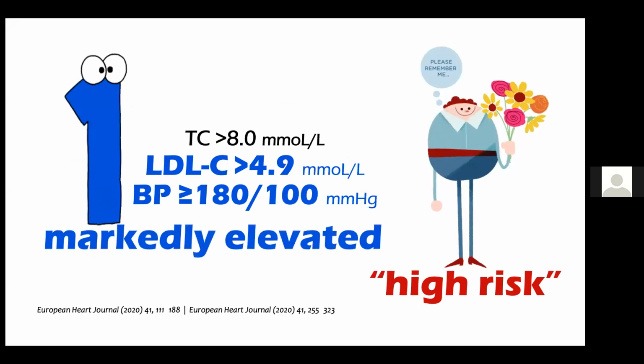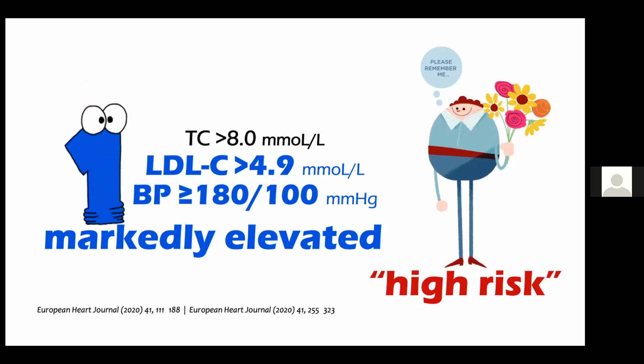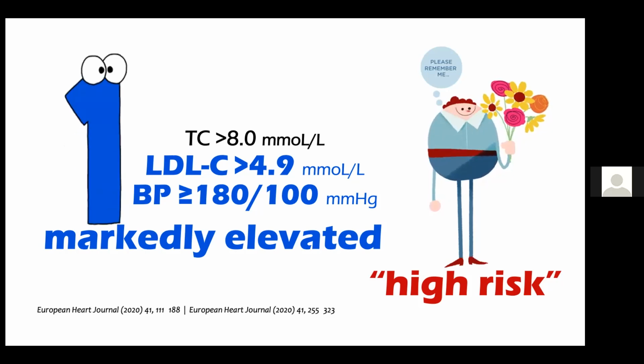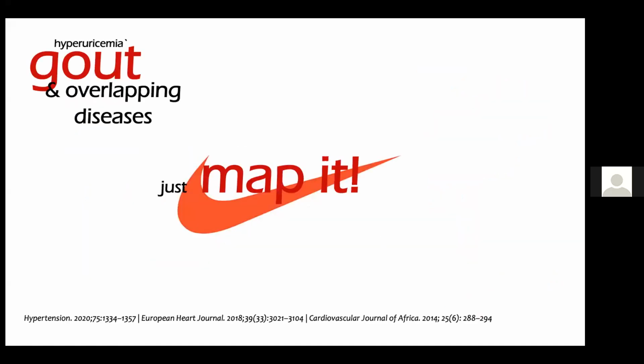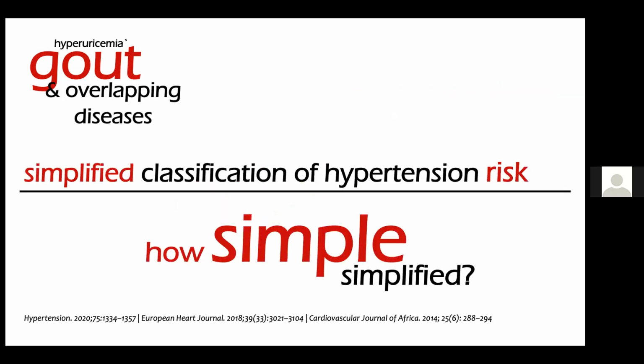So high risk: an LDL of 5 or greater, total cholesterol greater than 8, blood pressure equal to or greater than 180, meaning grade 3 hypertension, is automatically high risk. You don't need to calculate. But in the setting of hypertension, there is a heat map that is a simplified way of assessing cardiovascular risk for hypertensive patients.